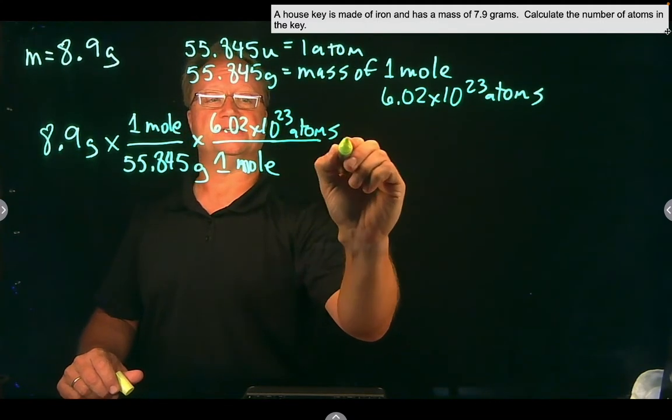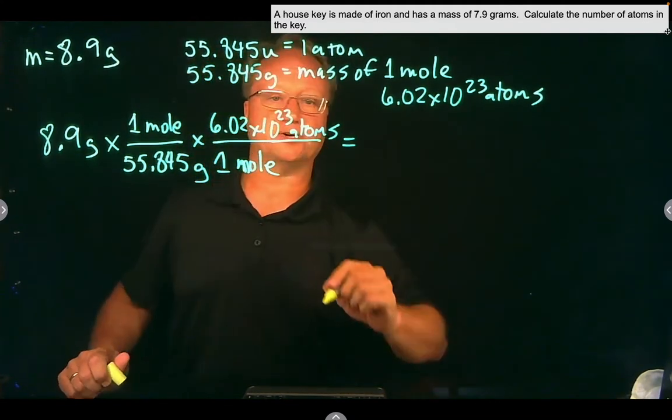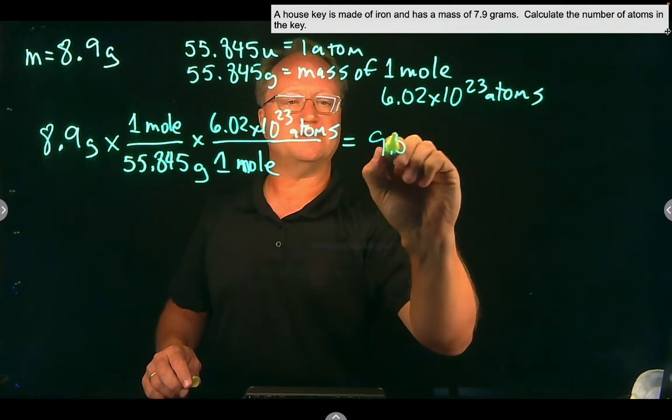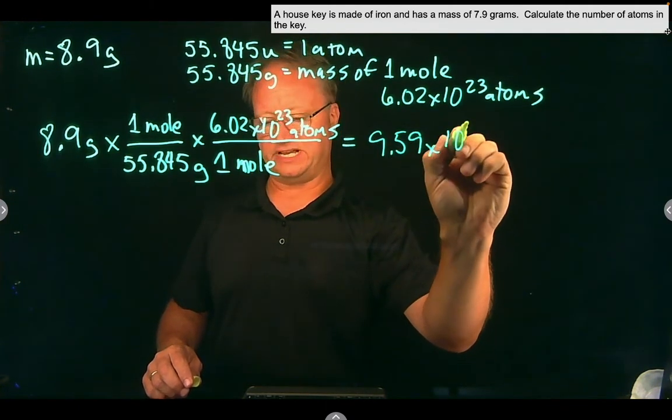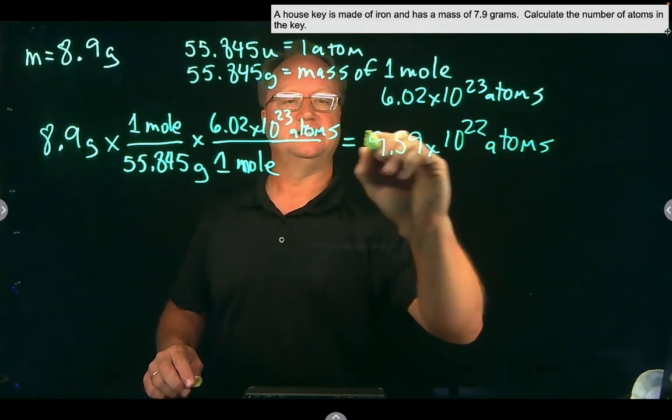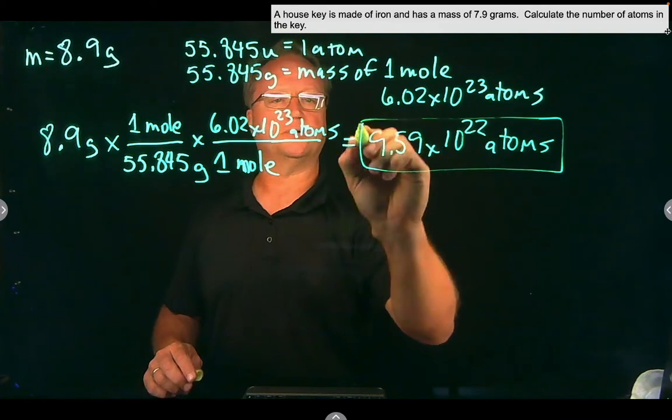So that gets us immediately going across our calculation to a number of atoms, and we get 9.59 times 10 to the 22nd atoms in the iron of an ordinary house key.